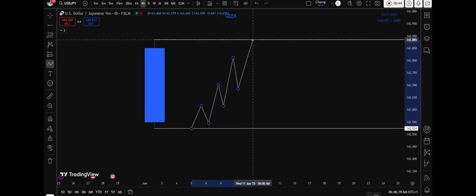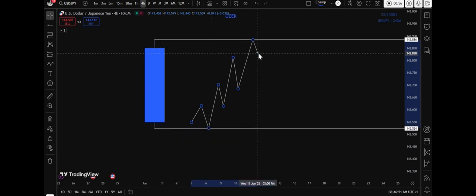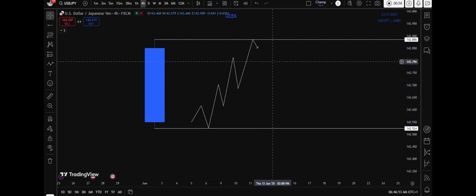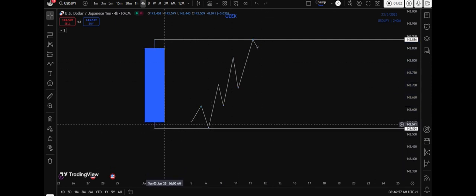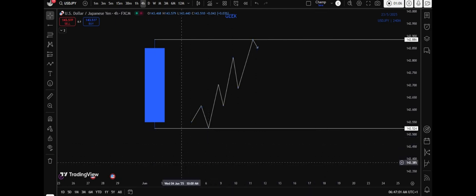The price rallies from this low, it opens here, goes down, reaches this high and closes here. Because every candle is a range, this is equivalent to this because the market is fractal as well.